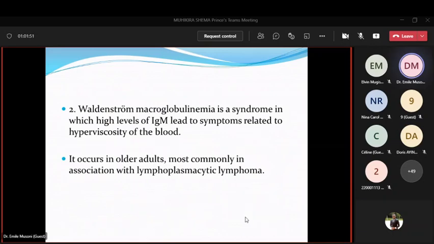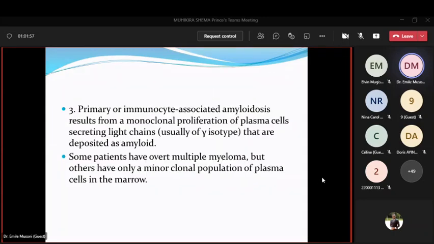There are some primary and immunocyte-associated amyloidosis, resulting from monoclonal proliferation of plasma cells. Some patients have overt multiple myeloma, but others only a minor clonal population of plasma cells in the marrow.